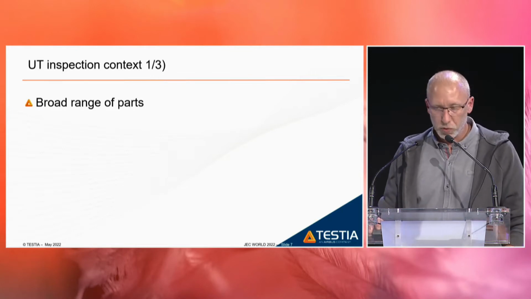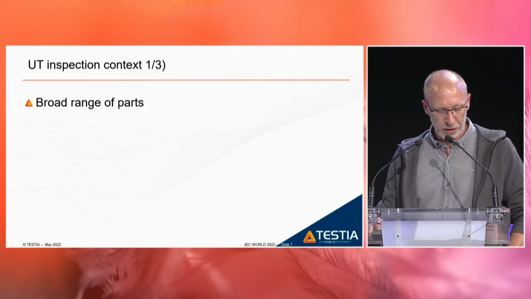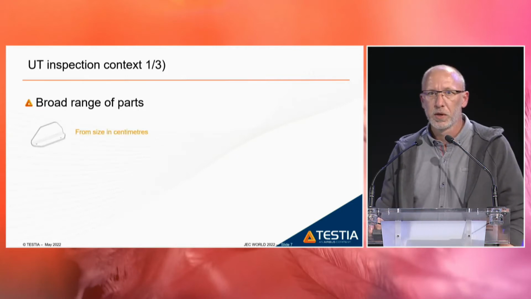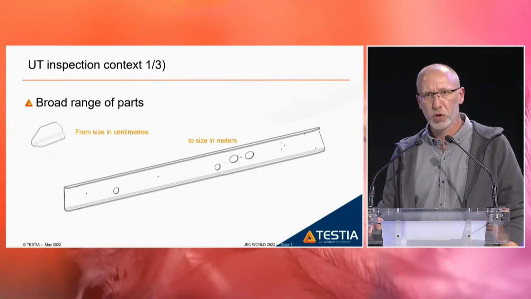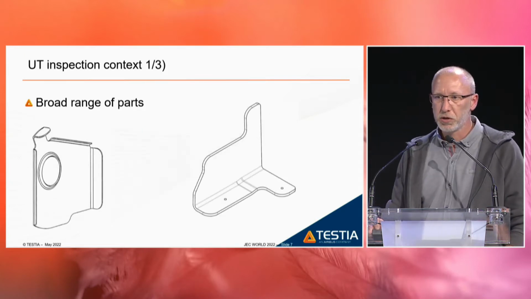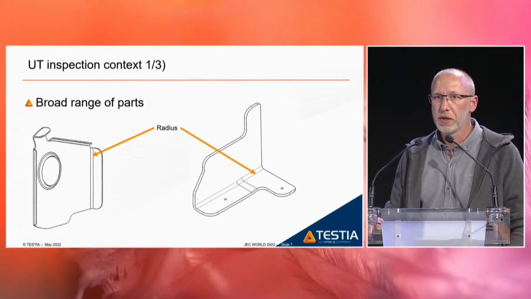First, we determine the range of parts to be inspected. The size of parts must have no influence, so we consider all sizes, from small parts to large parts. We also have to keep in mind the different geometries of parts, for example radius areas and joggle areas.